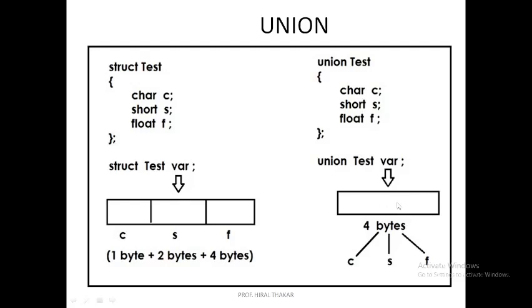So how will the memory allocation be? Which variable requires the maximum memory? Character needs 1 byte, short needs 2 bytes, and float needs 4 bytes. So in union, it will allocate only 4 bytes.